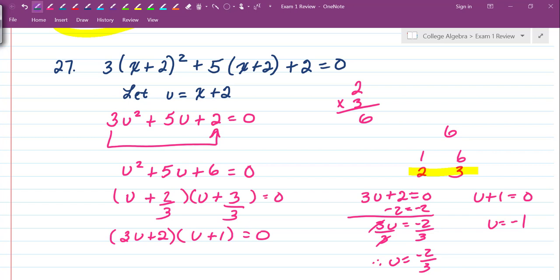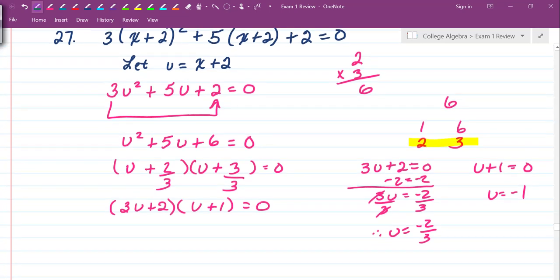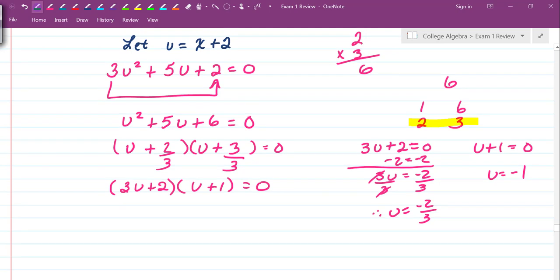We defined u as x plus 2. Okay, right here is where we did our substitution. We said let u equal x plus 2. So if u equals negative 2/3, that means I'm going to have negative 2/3 is equal to x plus 2. Now we have to solve for x.